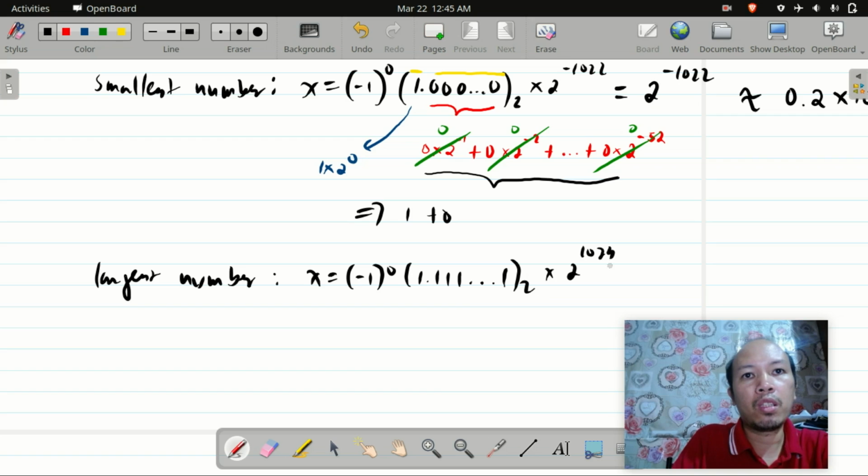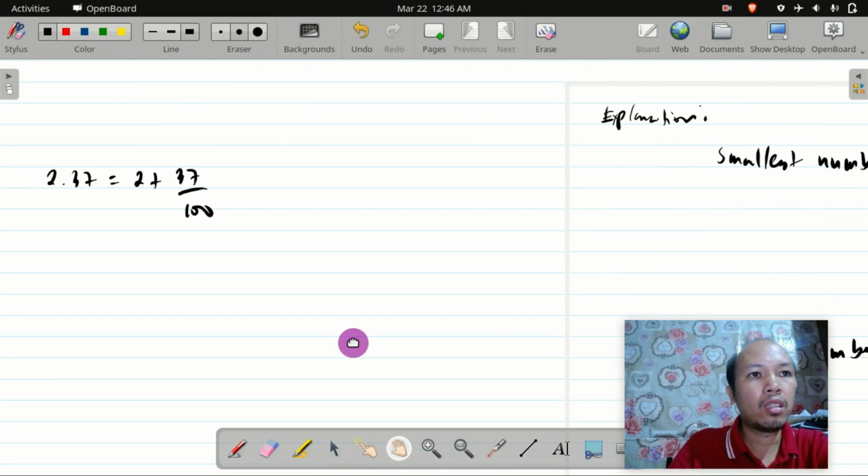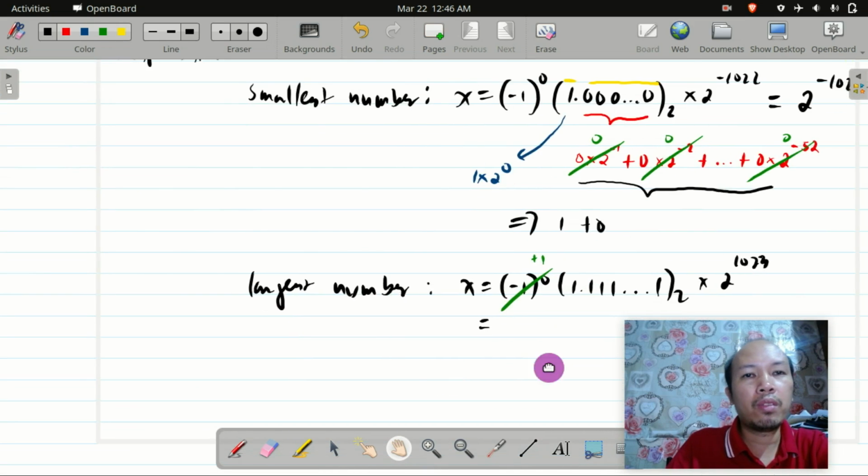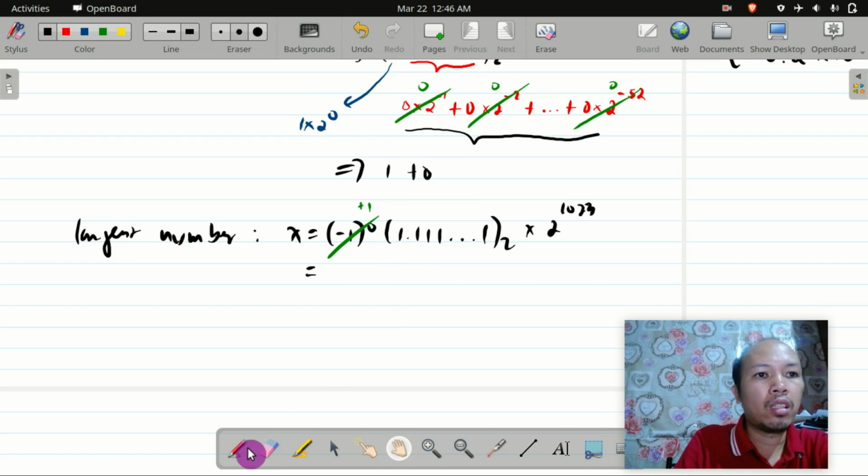So actually the same method. This one here is positive 1. So times this one here, we have, just like before, by analogy, we can write this one here as 1 plus 1 times 2 to the negative 1 for the first digit here.